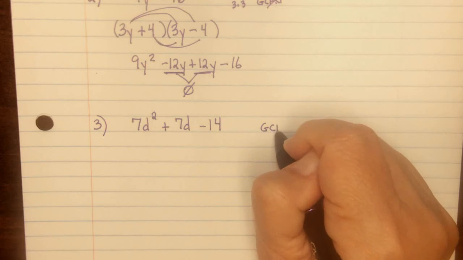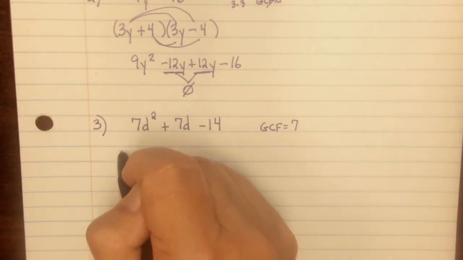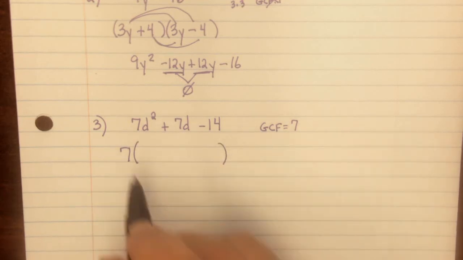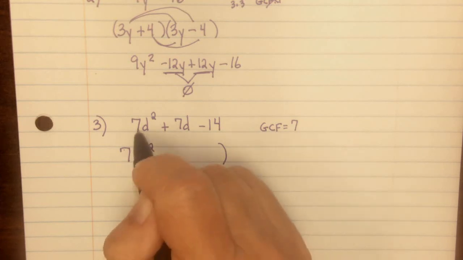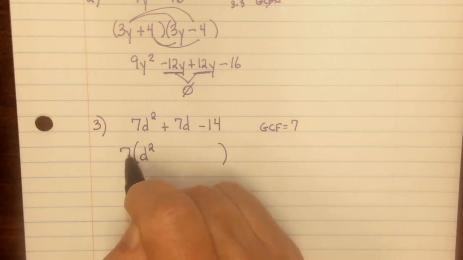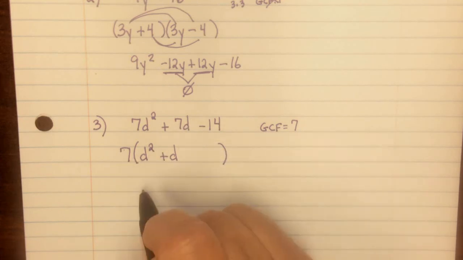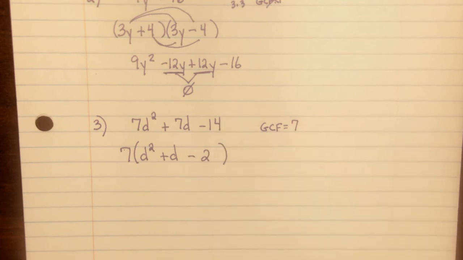So my GCF is equal to 7. The first thing I'm going to do is factor out the 7. So 7 times d squared makes 7d squared, and 7 times d makes 7d, and then 7 times negative 2 makes 14.